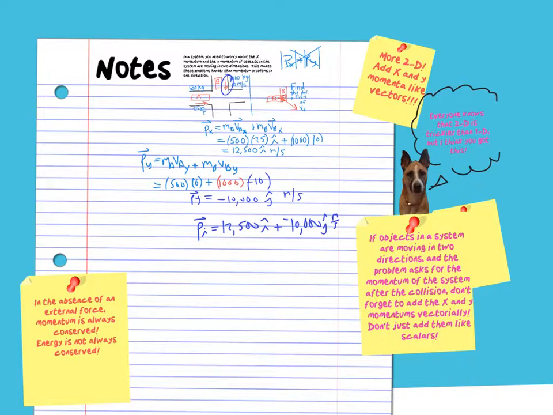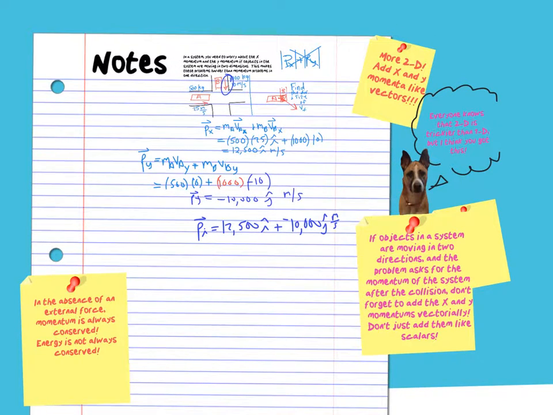Okay, well now we're going to use our knowledge of conservation of momentum. Now we know what the initial momentum is, so isn't that the same as the final momentum? It is. So the final momentum is also equal to 12,500 i minus 10,000 j kg·m/s. So how does this help us?